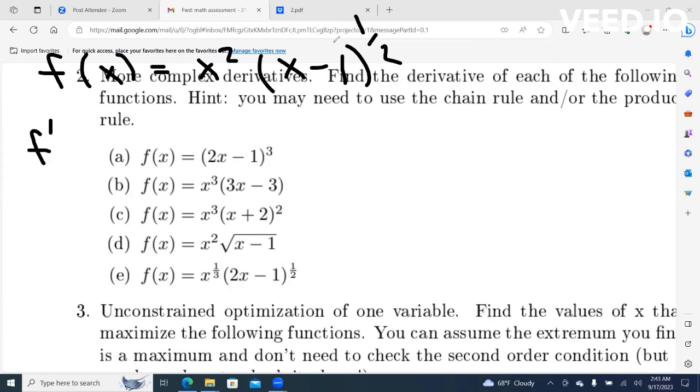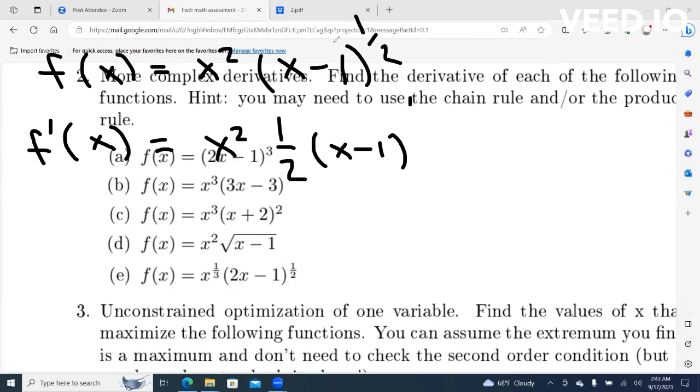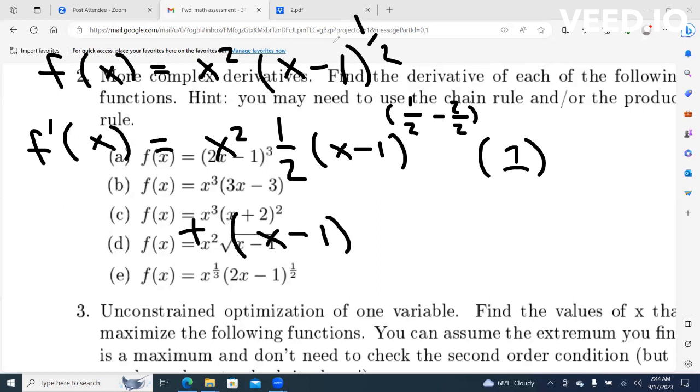So the derivative, multiply both sides by d over dx, is the left times the derivative of the one on the right. We always skip algebra steps. It is 1/2 minus 1, so 1/2 minus 2 over 2, if we squeeze that in there, times the derivative of the inside, which is just 1. The left times the derivative of the right, plus the right times the derivative of the left.